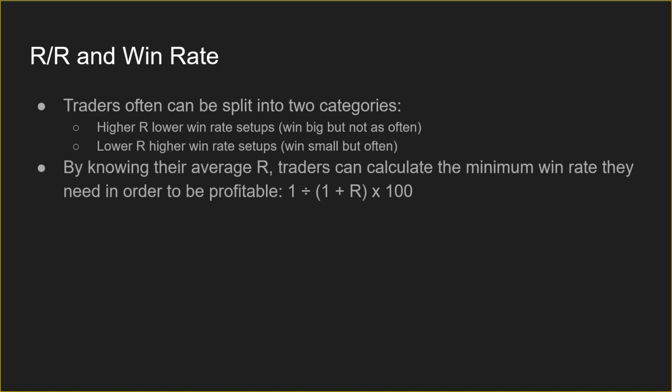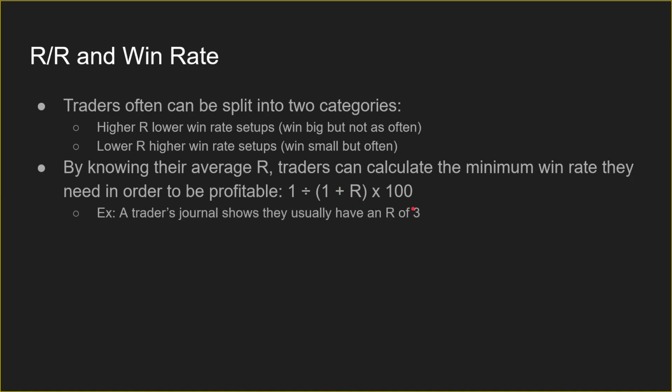Now, by knowing your average R, which is done by tracking it through a trading journal, which we'll talk about how to set up in a little bit, traders can calculate the minimum win rate that they need in order to be profitable. You would use this formula: 1 divided by the sum of 1 plus R, and then multiplied by 100.